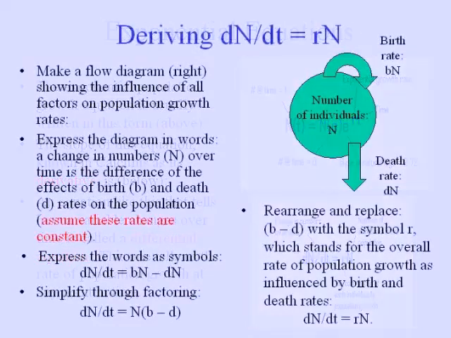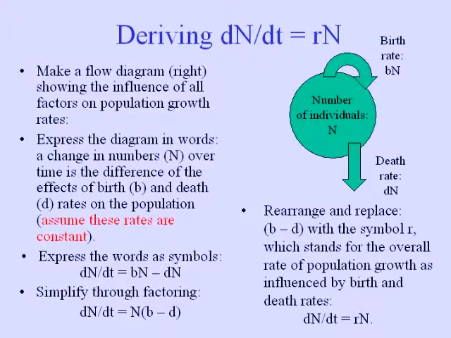Now we can derive this formula, this derivative, even without resorting to calculus, just by using a bit of common sense and some diagramming. So let's go through the steps and see how we might do that. Let's start out by making a flow diagram, like you see in the upper right of this image.